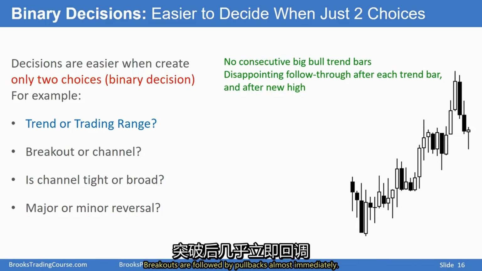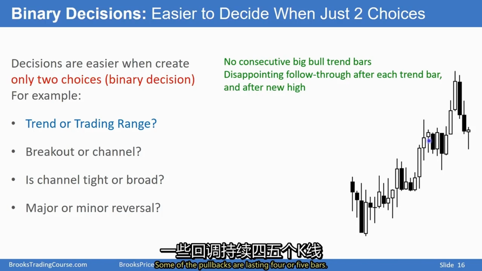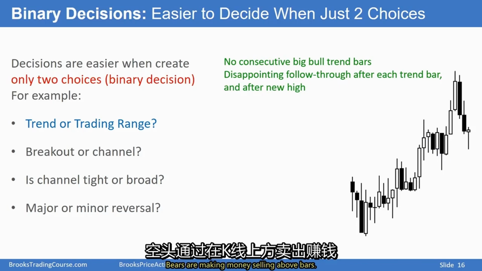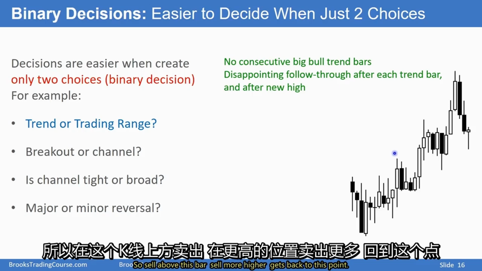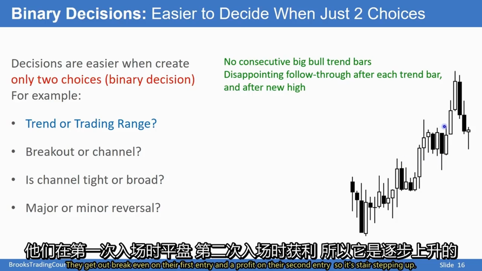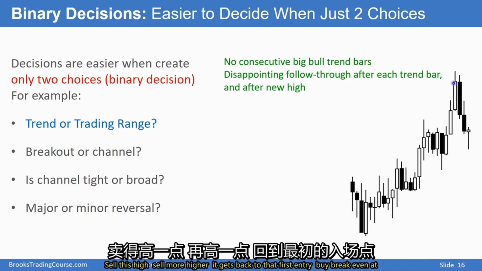Breakouts are followed by pullbacks almost immediately. Some of the pullbacks are lasting 4 or 5 bars. Bears are making money selling above bars. So sell above this bar, sell more higher, gets back to this point. They get out break even on their first entry and a profit on their second entry. So it's stair stepping up. Sell this high, sell more higher.